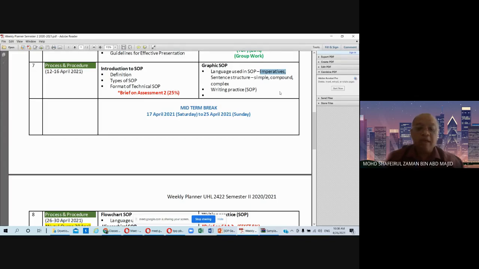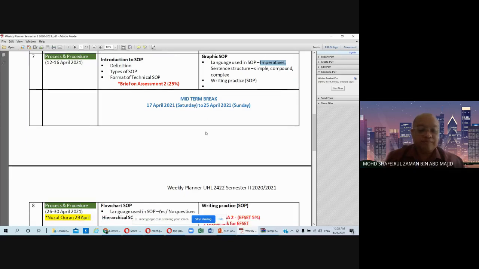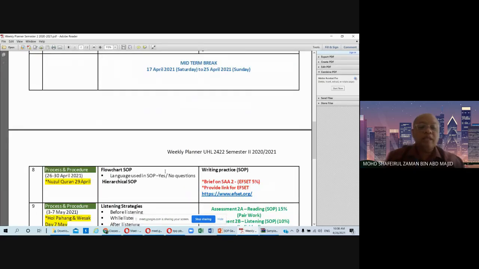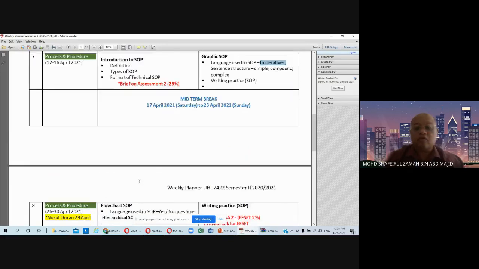So remember to use imperatives when you are preparing an SOP, as you are asking people to do something, to perform something. So in this meeting, we are going to have a look at samples of flowchart SOP, hierarchical SOP, as well as graphic SOP.